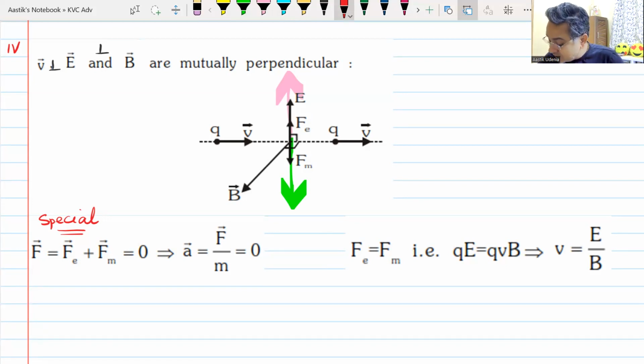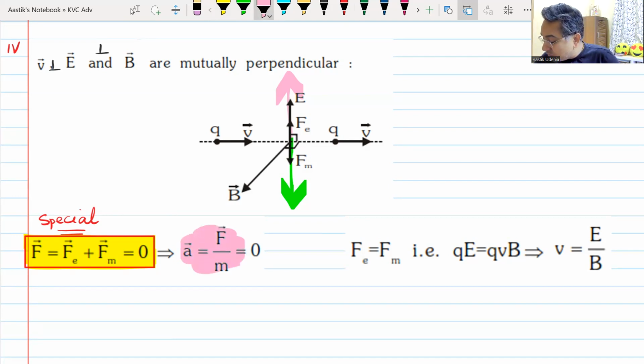So this is a very special case, and most of the questions that you are going to get in this particular case would be the situation where the electric and magnetic force are cancelling each other out. That means the acceleration of the particle is zero.